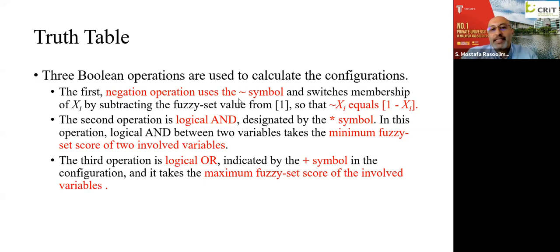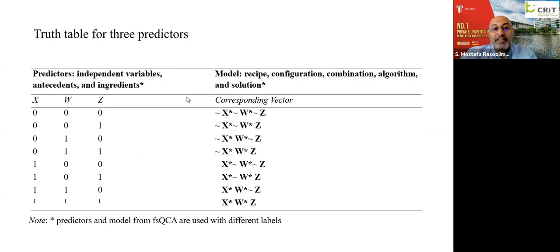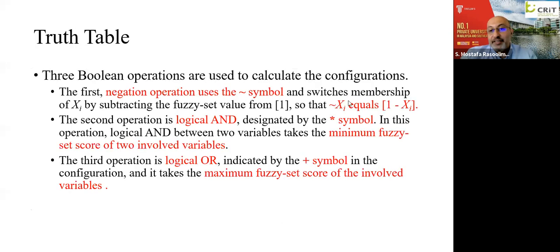That's shown by this symbol, and it changes membership by subtracting the fuzzy set value from 1. For example, if the value of x is 0.2, the value of negation of x will be 1 minus 0.2, so 0.8.